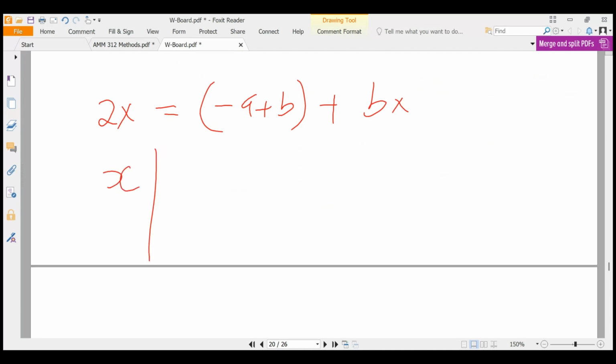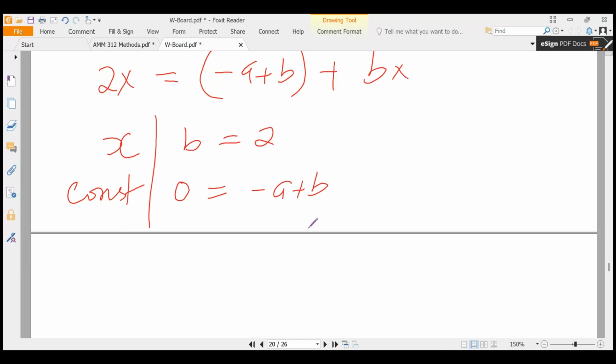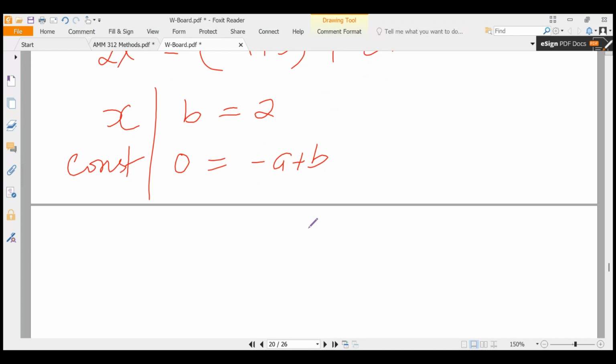For x power 1, we have b is equal to 2. For the constants, we have 0 is equal to minus a plus b, since on the left-hand side we don't have a constant term. Meaning that a is equal to b, but b is 2, so a is also equal to 2.